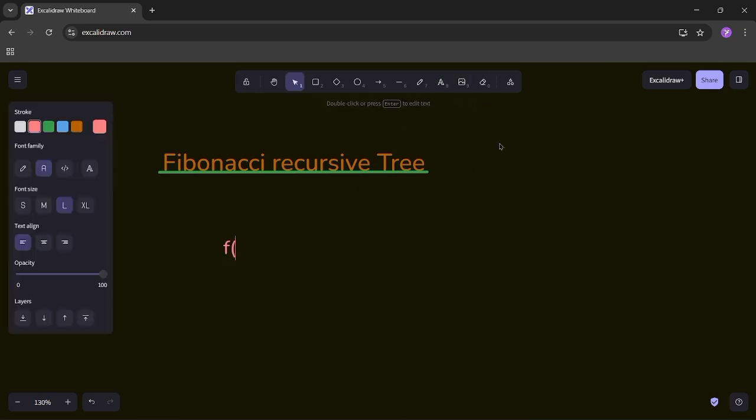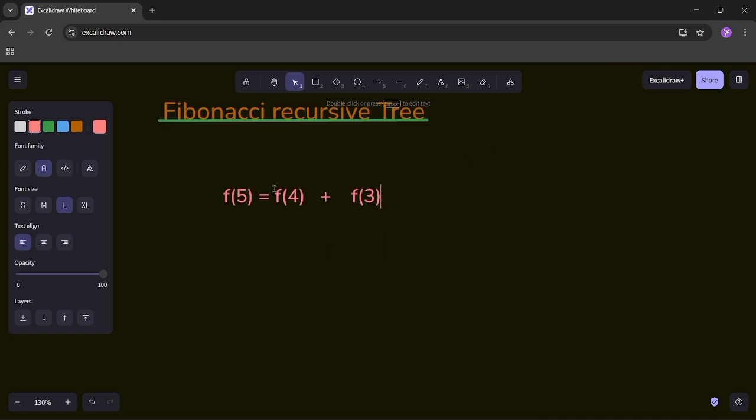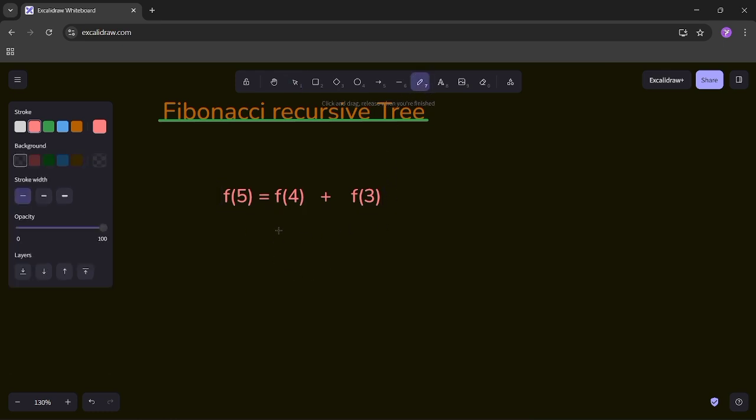If I want to find Fibonacci of 5, we should write Fibonacci of 4 plus Fibonacci of 3, right? So let's break down this Fibonacci of 4 and Fibonacci of 3 further so that we understand it.